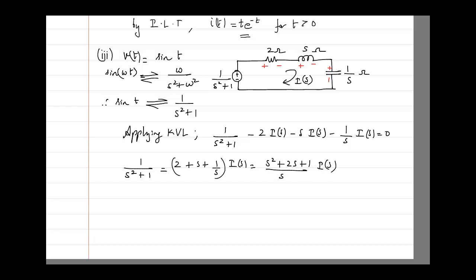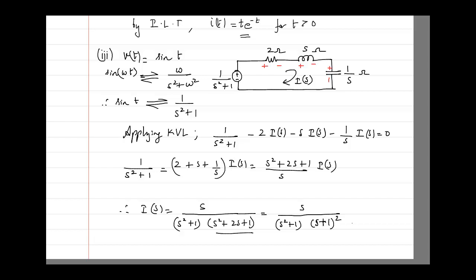Now if I take it to the other side, I will get I of s equal to s divided by s square plus 1, and then s square plus 2s plus 1, which if factorized, you will get s plus 1 the whole square.